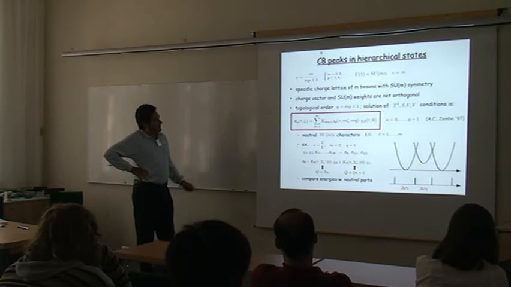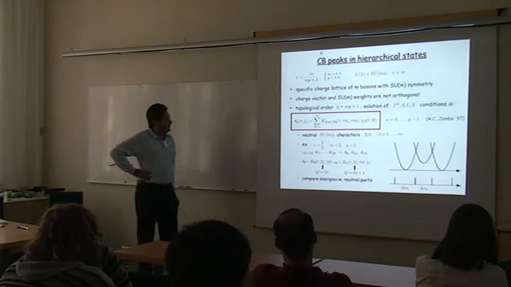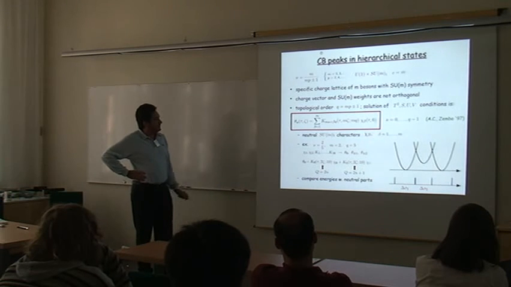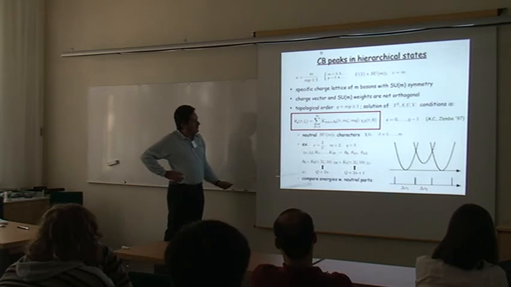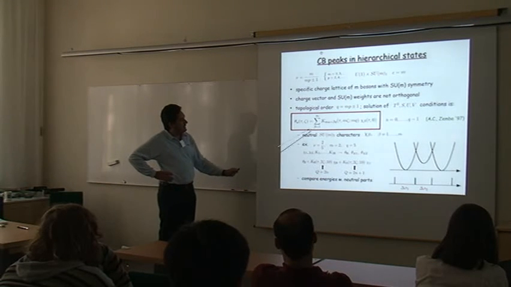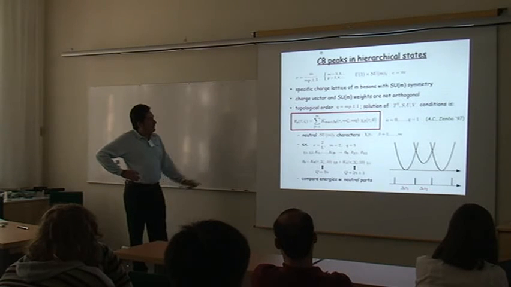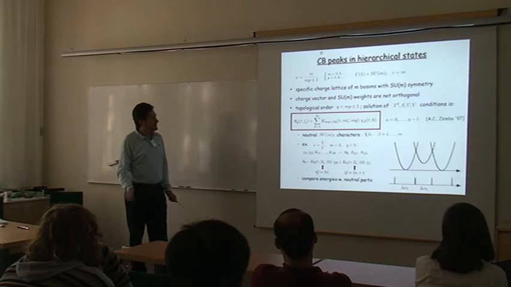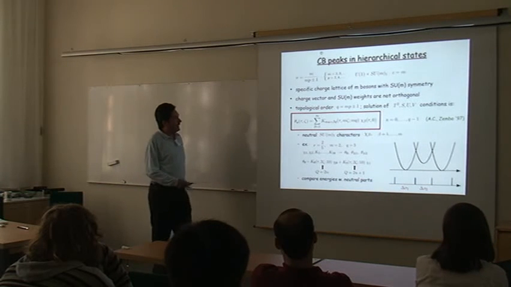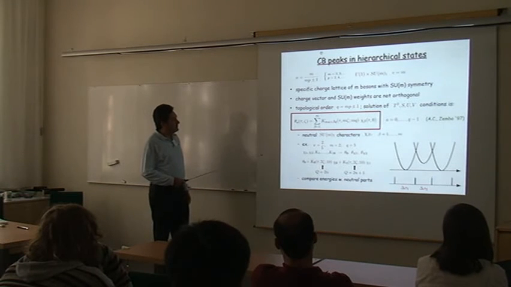So for example, let's take a simple example. When you take m equal to 2 and Q equal to 5, the fifth state, then we know that there are 2 characters, chi 1 and chi 2. Their form is deduced from the spectrum of charges, of dimensions, and so on. You combine them together to get a modular invariant combination, and you come up with this formula.